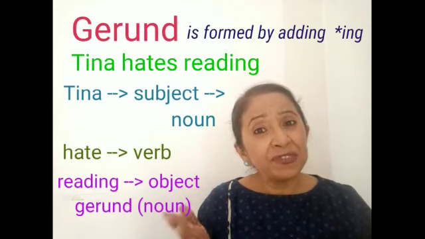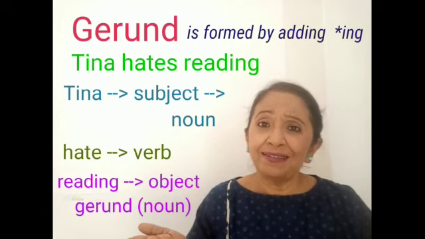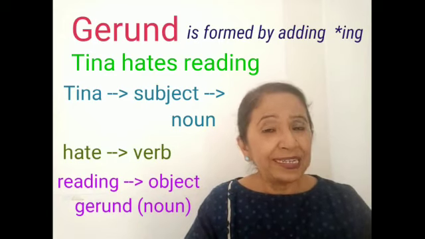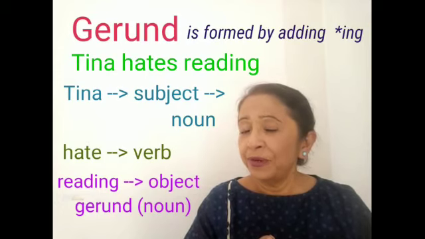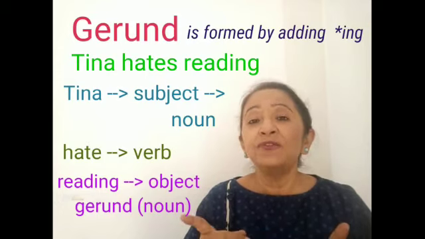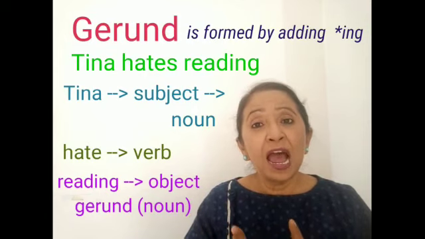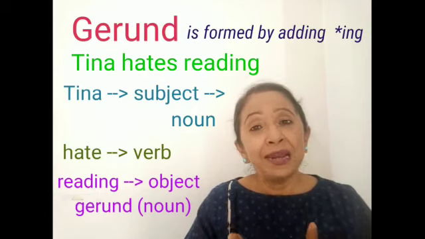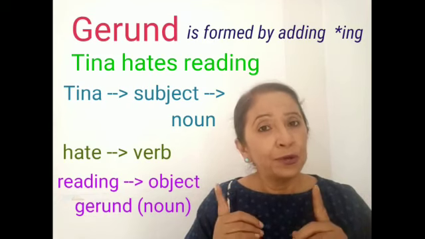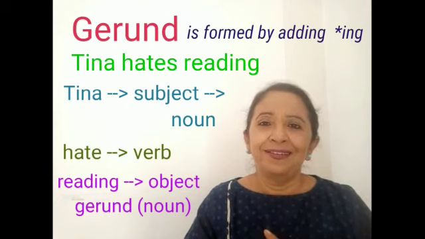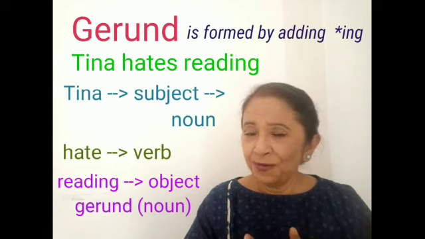What is the name of that something? Reading. So reading over here, although it looks like a verb, is actually not a verb. It's a noun. It's the name of the activity that Tina hates. So it's a gerund. Is it clear now?